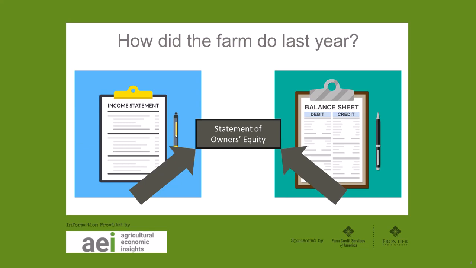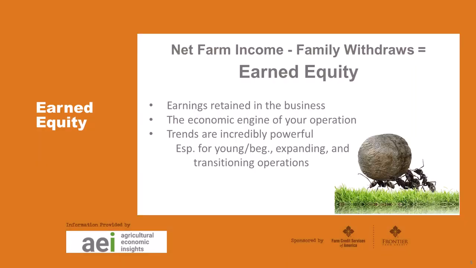But one of the useful things we can do is this: these statements make up what we call the coordinated financial statements, which means they all have to work together. So the income that you make has to be reflected on the balance sheet somewhere. The way we do that is with the statement of owner's equity, which is probably one of the least utilized statements that you see, but as you're going to see in a little bit, can be actually pretty darn useful.